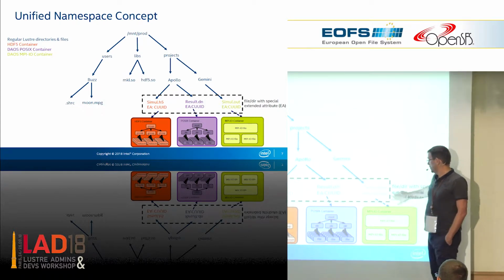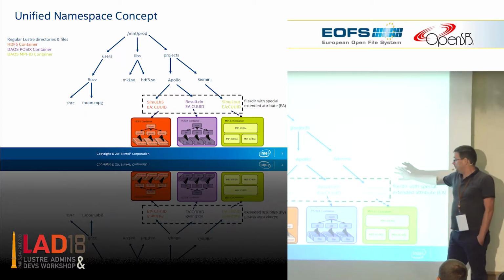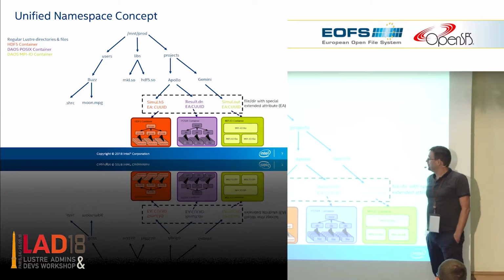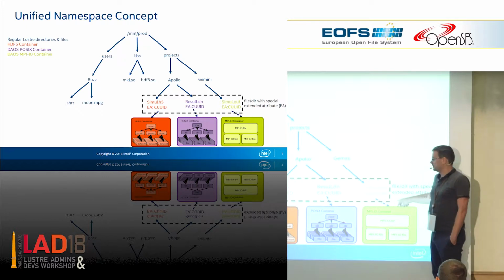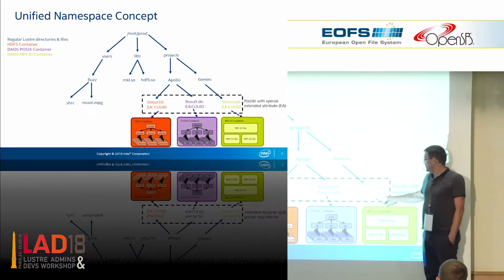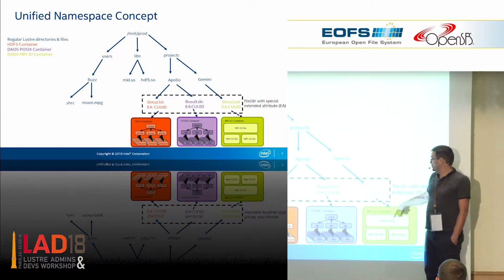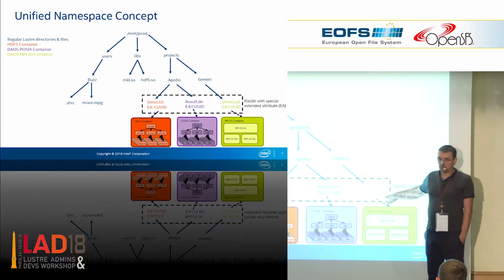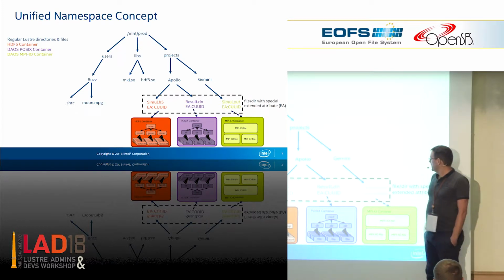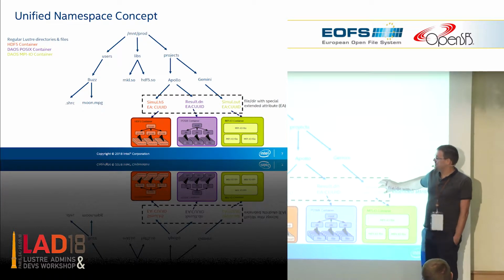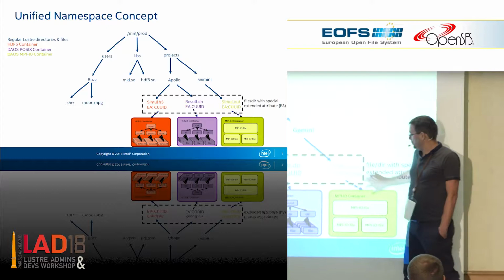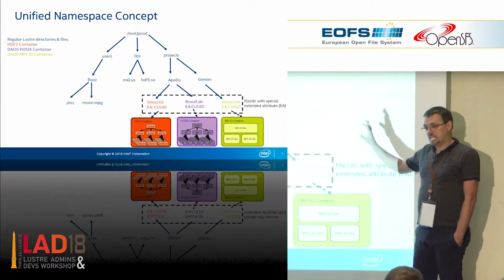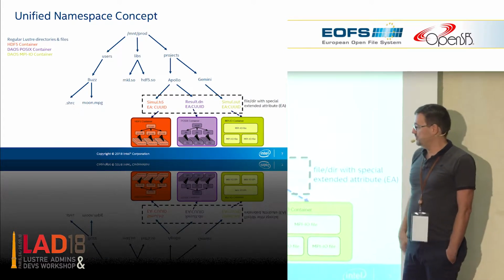But at some point, you're going to hit a name entry in the Lustre namespace that has a special extended attribute. And this special extended attribute is effectively a specific DAOS attribute that points at the container UUID. Effectively, this is representing, through a directory or regular files, a pointer to an external container that can be found through a different API.